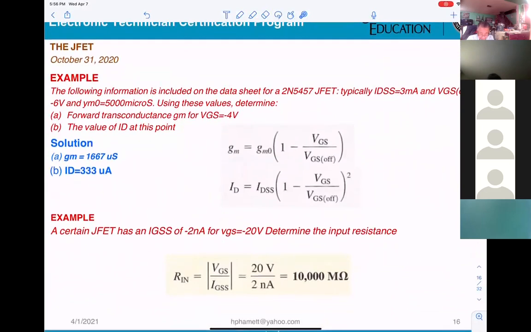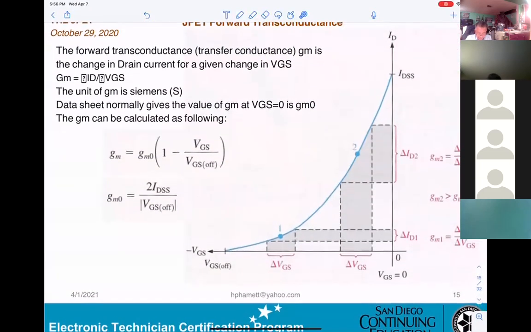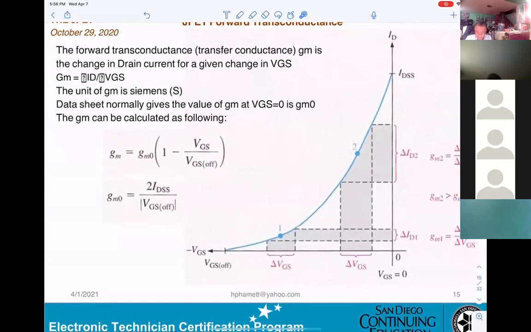Hey, Mr. Pham? Yeah. I think for people who aren't familiar with transfer curves, transfer curves usually refer to the ratio of an output value to an input value. And since conductance is current divided by voltage, the transconductance curve is output current divided by input voltage, right?